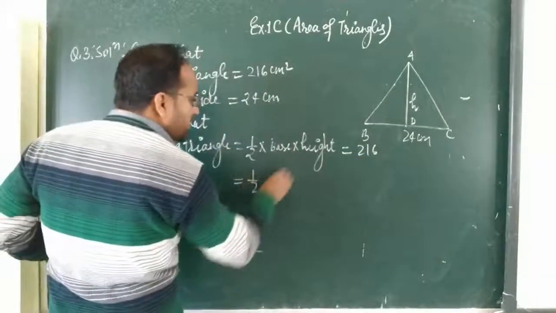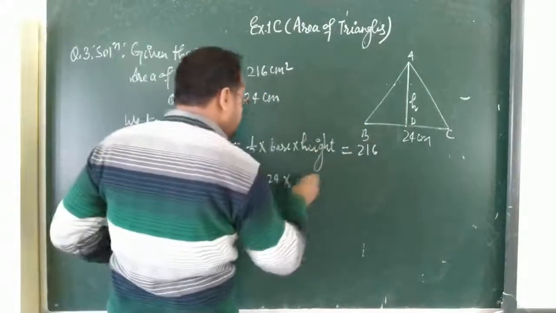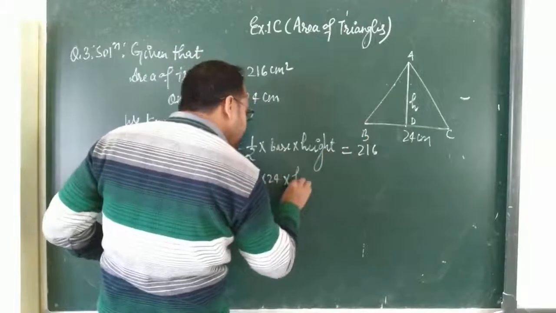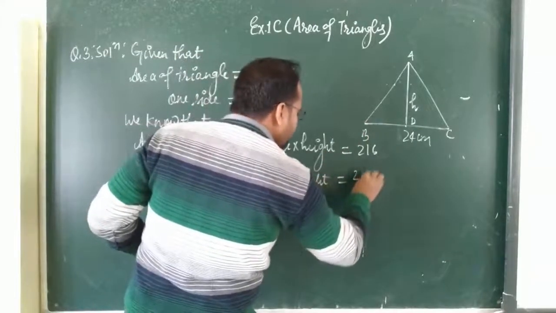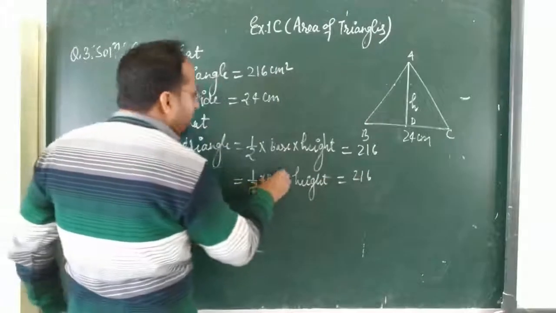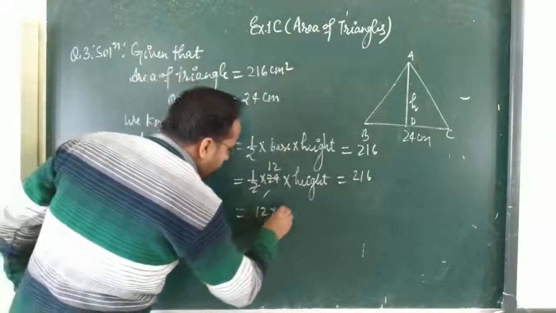So 1 by 2, in this case base is 24 and its corresponding height is H, or you can write height only. Okay, no need to write H. Is equal to 216. So this cancels out, you will get 12. So 12 into height.